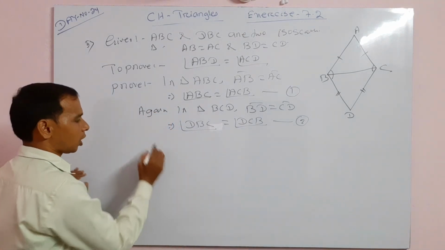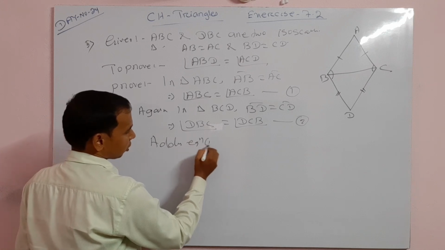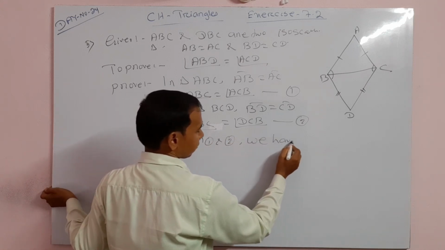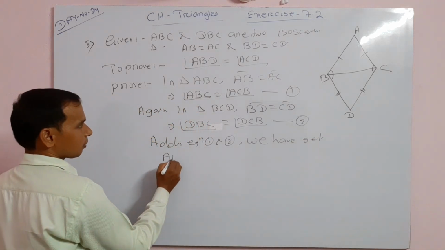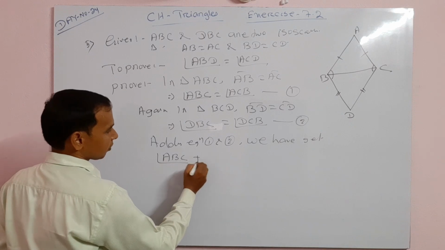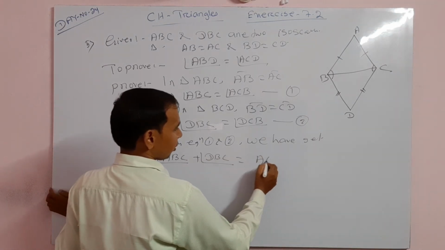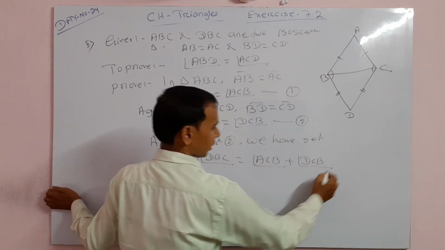Adding equation 1 and 2, we get ABC angle plus DBC angle equal to ACB angle plus DCB angle.